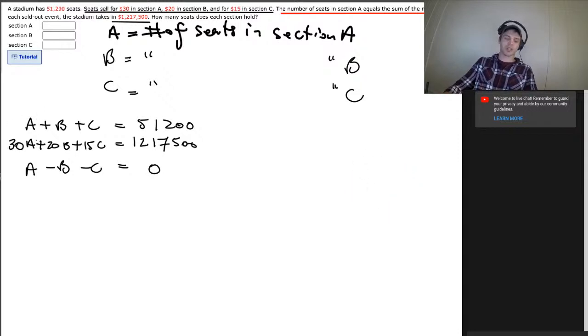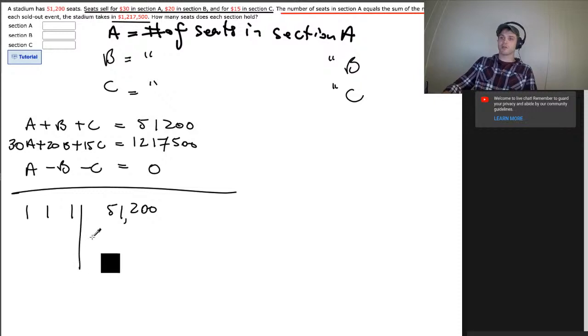I'm going to strip away all of these variables. They're not super useful to me, and I want the coefficient matrix so that it's a little easier to work with. So it's 1A, 1B, 1C, and 51,200. And we'll make an augmented matrix here.